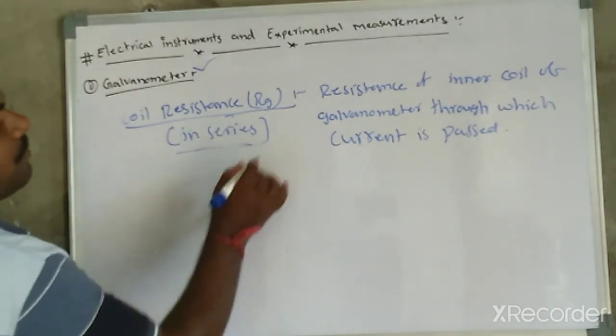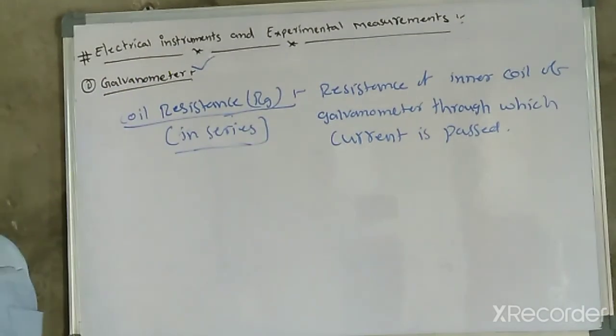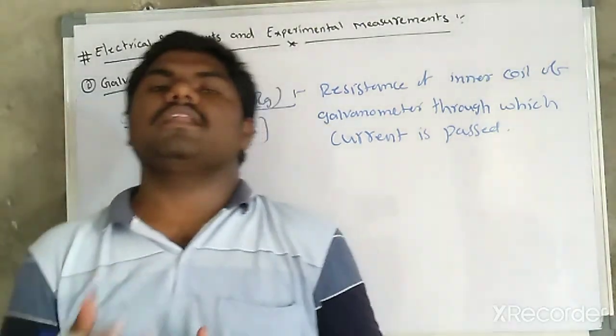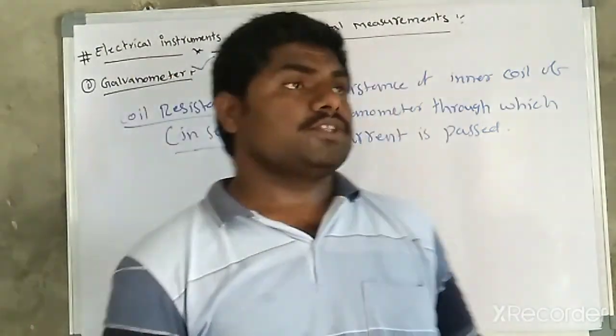Series combination only. Here there are two very important points. For an ideal galvanometer, the resistance Rg is equal to 0.